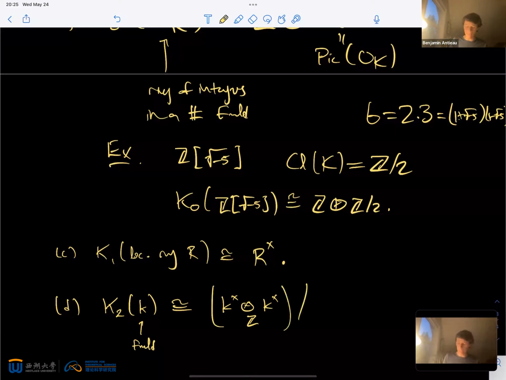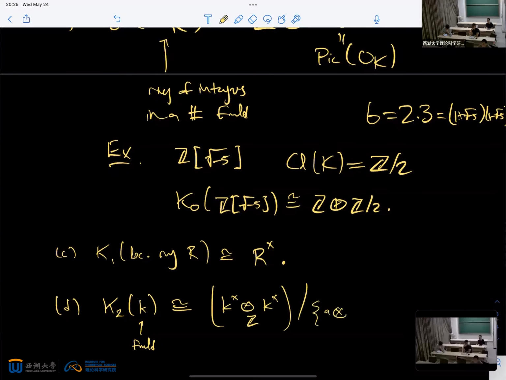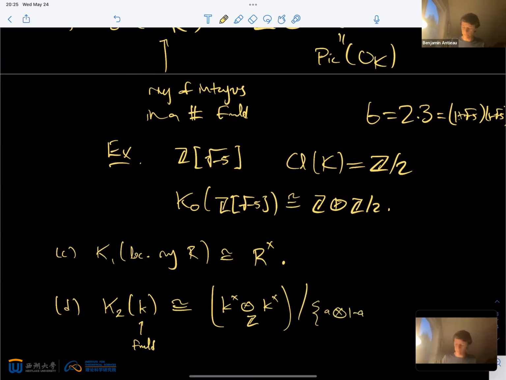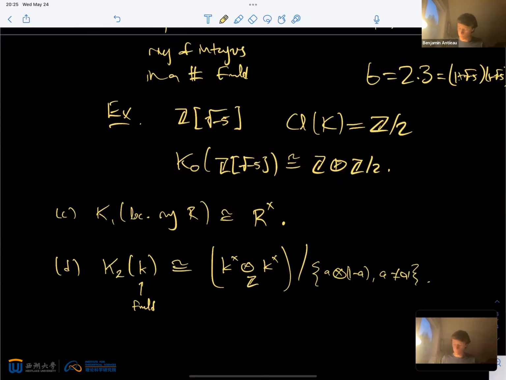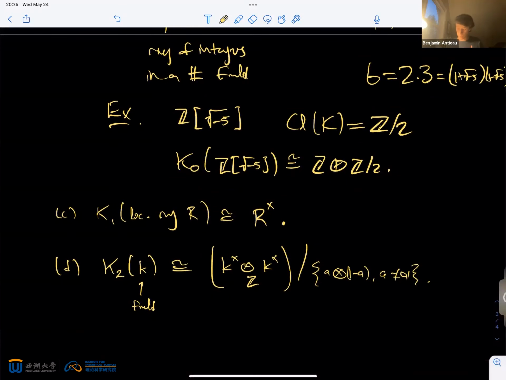I take this and I mod out by certain elements, namely the tensors of the form a tensor 1 minus a, for a not being 0 or 1. So that's random, but it turns out to be very closely related to a lot of deep work in algebraic K-theory.